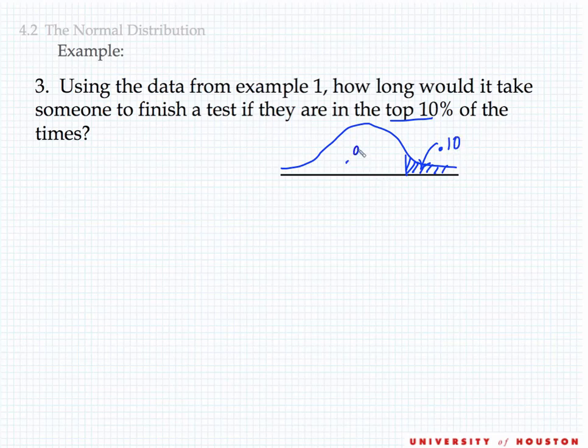That leaves 90% less than our value that we're trying to find. So I'm trying to find the value of little x such that we are less than that, gives us a probability of 90%.